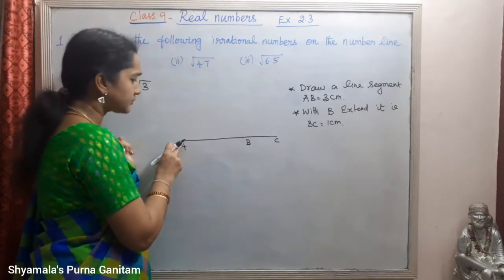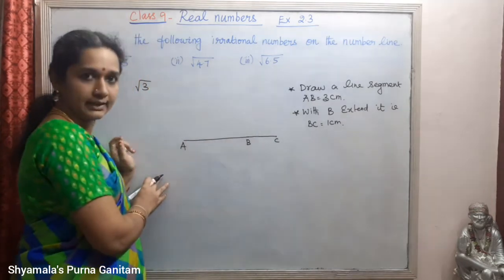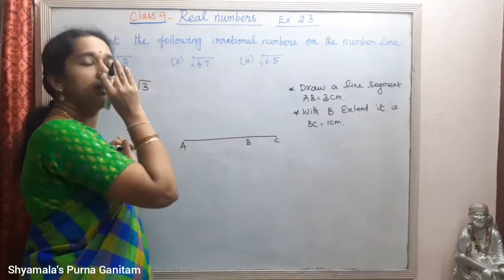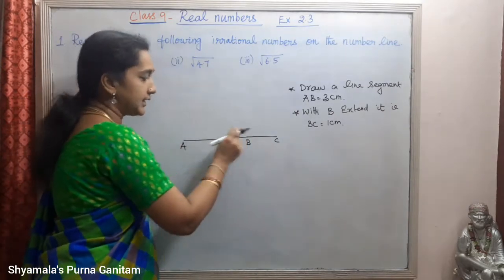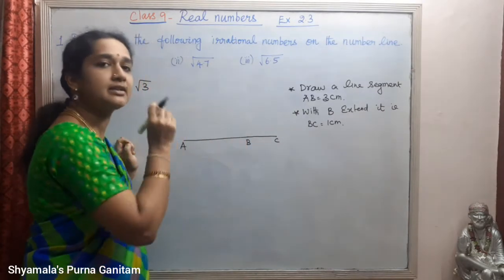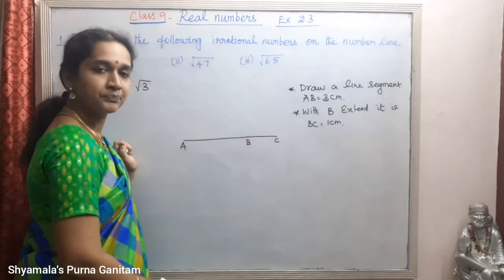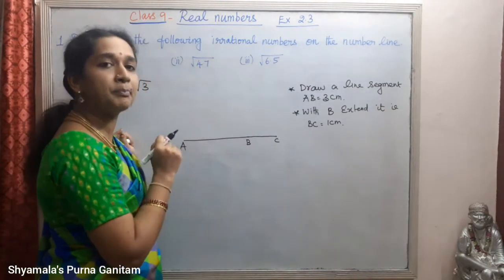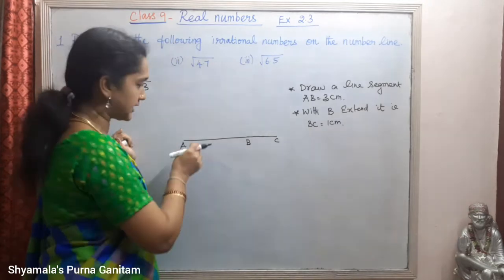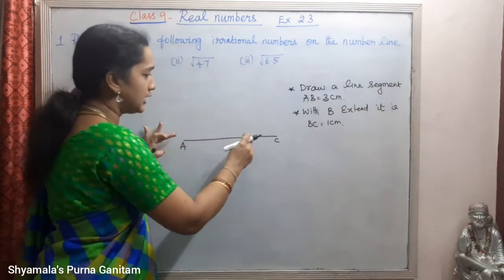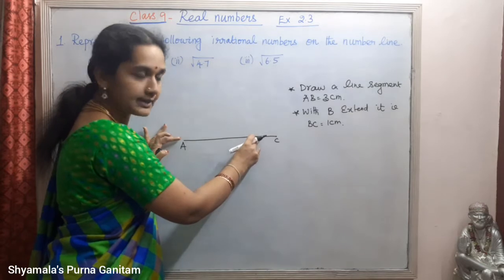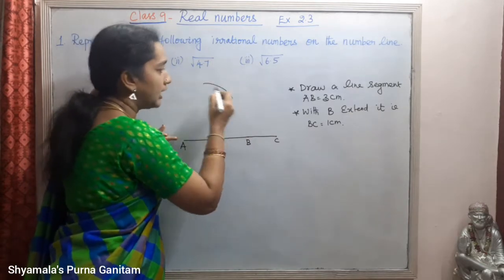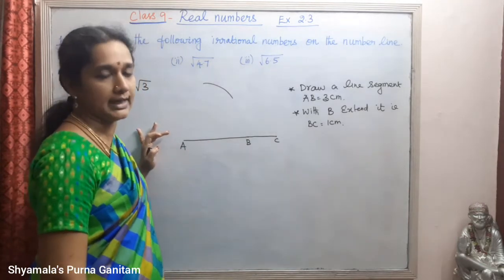Then we have to find the center point of AC. For finding that center point, we take the perpendicular bisector. With A as center, using more than half of AC, we cut an arc above the line segment.